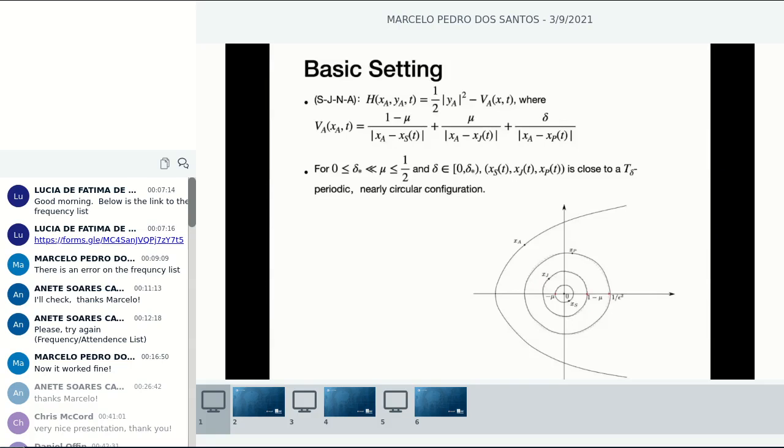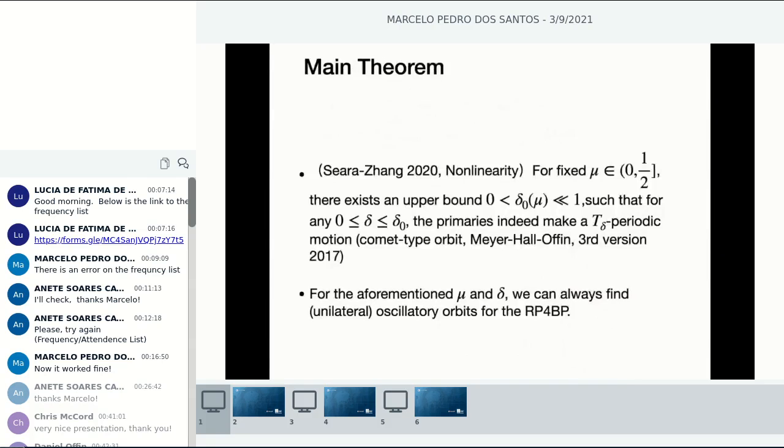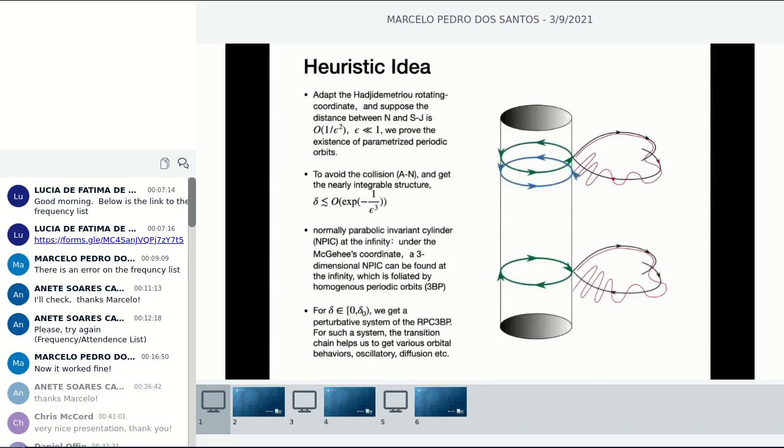If this distance is larger than 1 over epsilon squared, there's no collision between the asteroid and Neptune. That will constrain the angular momentum of the asteroid. So we still need an exponentially small constraint on delta: delta should be exponentially small compared to epsilon.